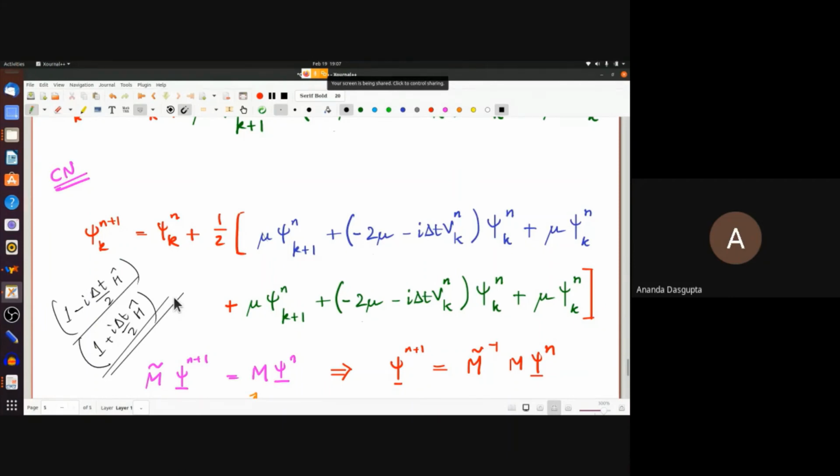By the way, the Crank-Nicholson method is also extensively used for solving the heat equation in classical physics. Unitarity is not a concern there. The advantages are, A, stability, and B, extra accuracy. But here, the advantage is stability, accuracy, unitarity, which is great.